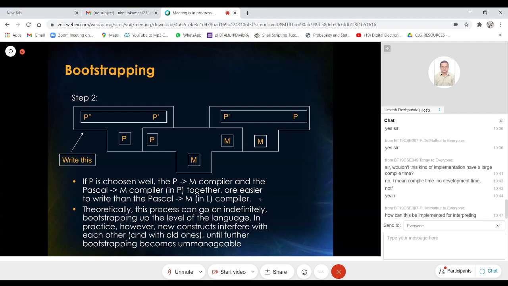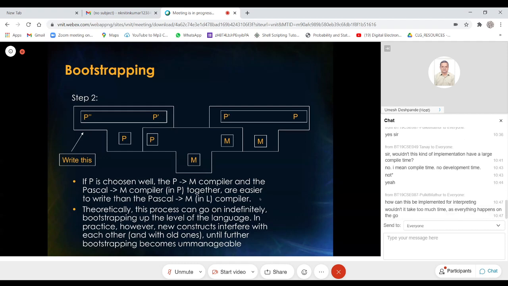So the interpreter also keeps on working on this one at a time. It is translating a program in P dash to P, at runtime. And therefore, Pulkit's question is correct here: that wouldn't take too much time because everything happens during running time.